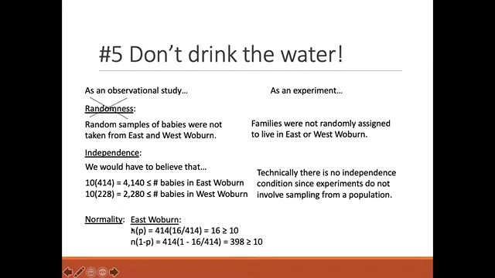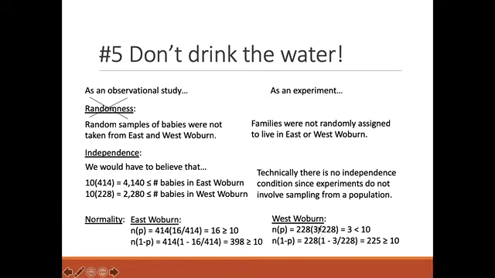We can go ahead and check the normality condition. So for East Woburn, the expected number is 16. That's greater than or equal to 10. The failure rate would be 398. That's certainly greater than or equal to 10. The problem is the normality condition is not met for West Woburn.